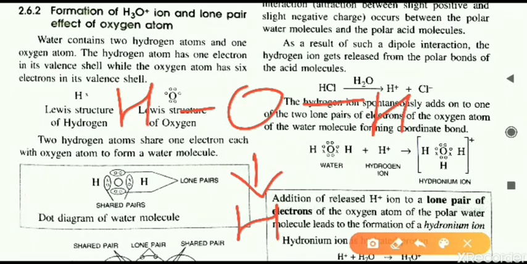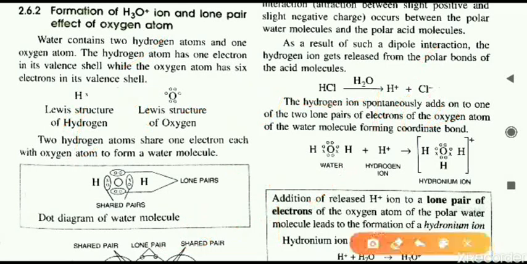By looking at the structure, we can't predict which hydrogen atom, first, second or third, is forming the coordinate bond. It can be any one of them, but we are sure that there are two covalent bonds and one coordinate bond. So out of these three bonds, any two you can make covalent and one you make coordinate, drawing a single arrow in any direction to show that it is a coordinate bond.